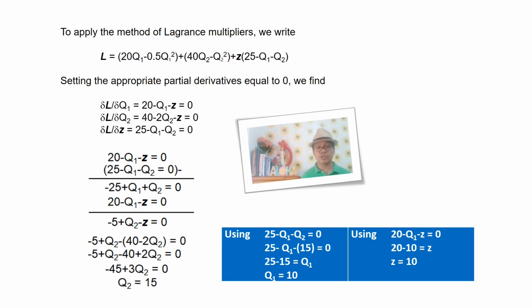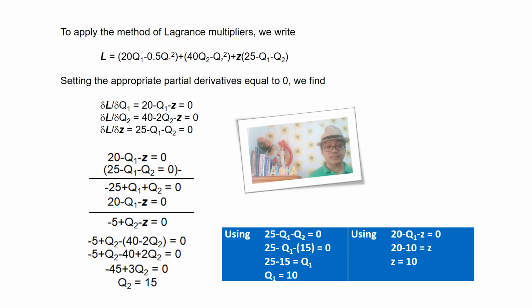And the partial derivative with respect to Z equals 25 minus Q1 minus Q2 equals 0. Notice that the third condition is simply the original constraint.